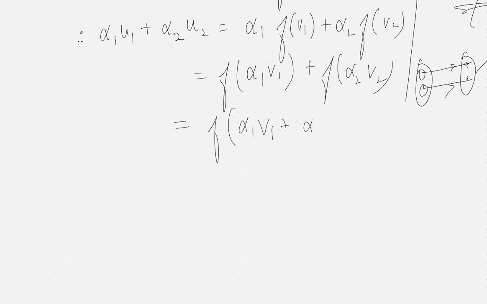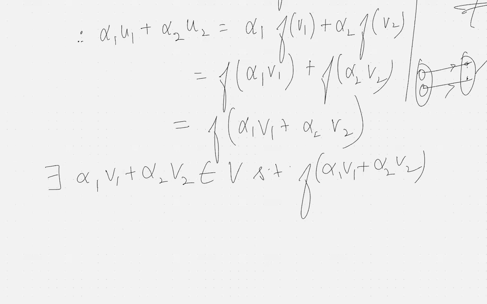So see, from here we can see that there exists some alpha 1 V1 plus alpha 2 V2 that belongs to the domain, where V1 and V2 were elements of the domain and alpha 1, alpha 2 belong to the field F. So this will be a linear combination, an element of V. This element belongs to V such that f of alpha 1 V1 plus alpha 2 V2 is equal to alpha 1 U1 plus alpha 2 U2.